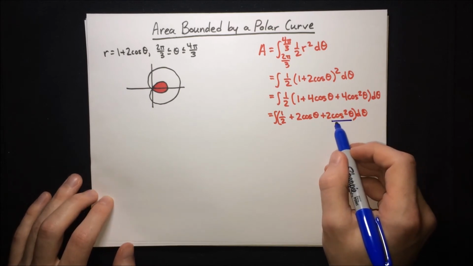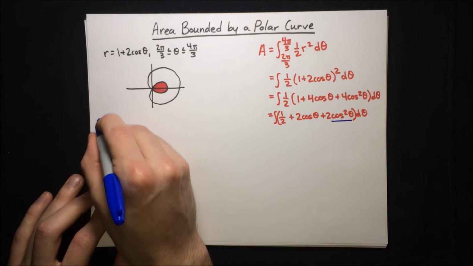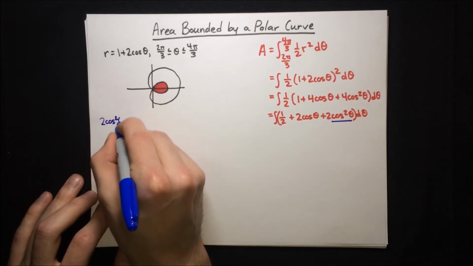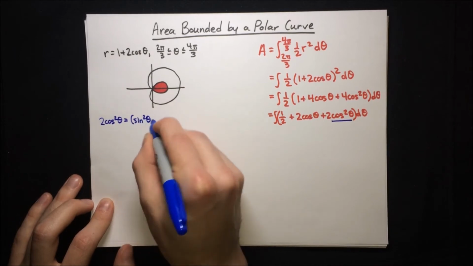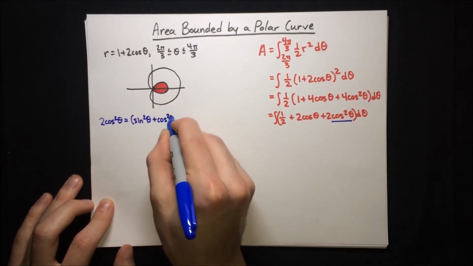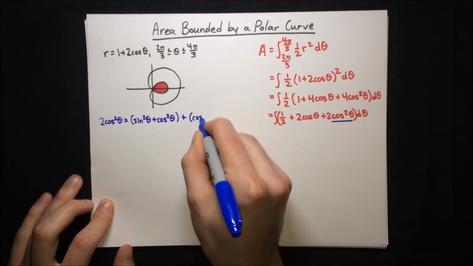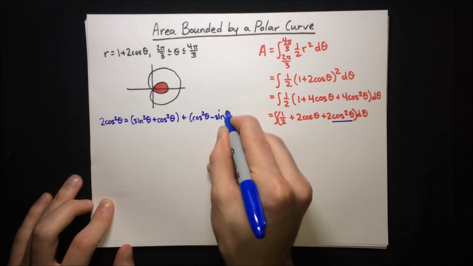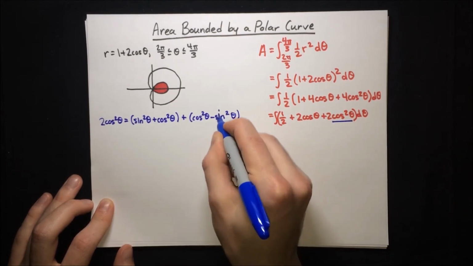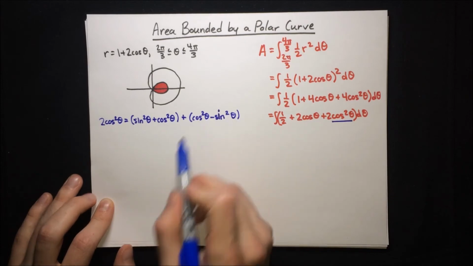So how we get the power reduction formula for cos squared theta is we can start out by writing 2 cos squared theta equals sine squared theta plus cos squared theta, then plus cos squared theta minus sine squared theta. That way, our sine squareds will cancel and we'll just be left with 2 cos squared.